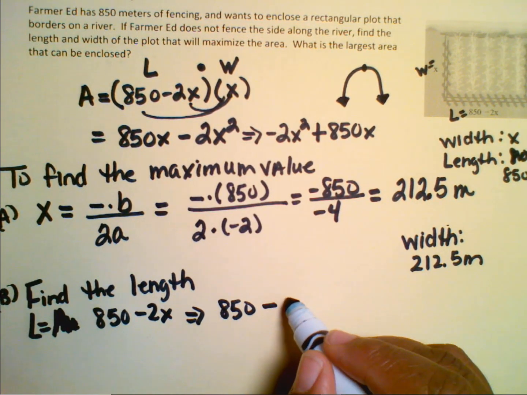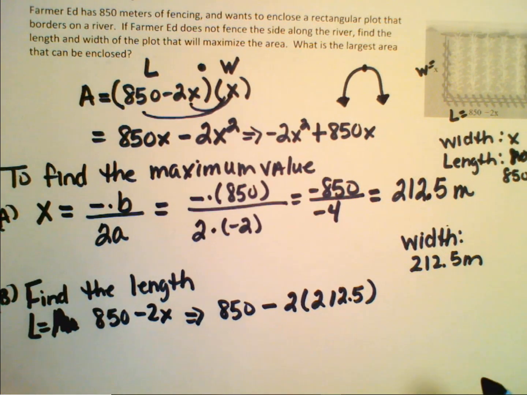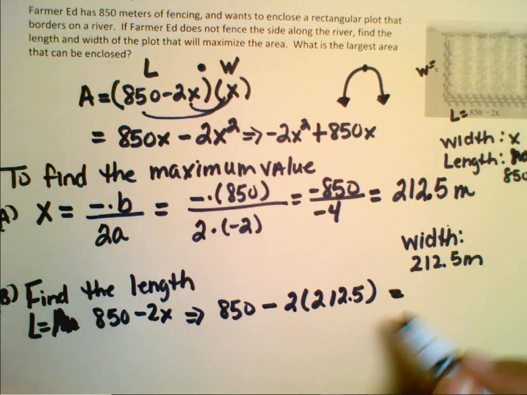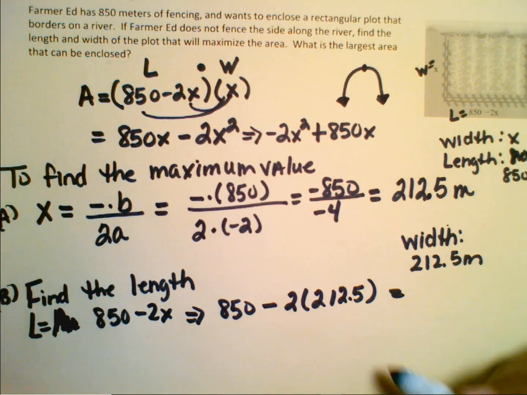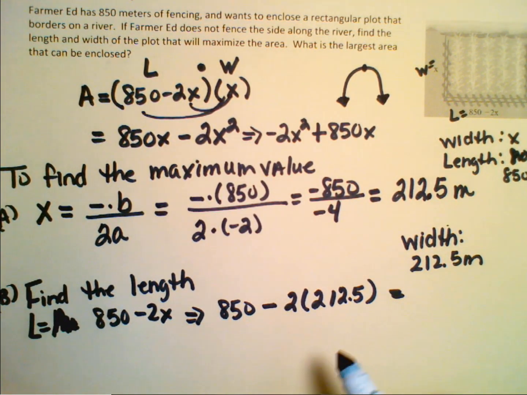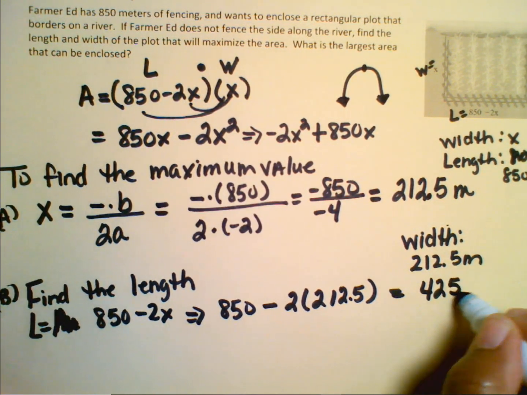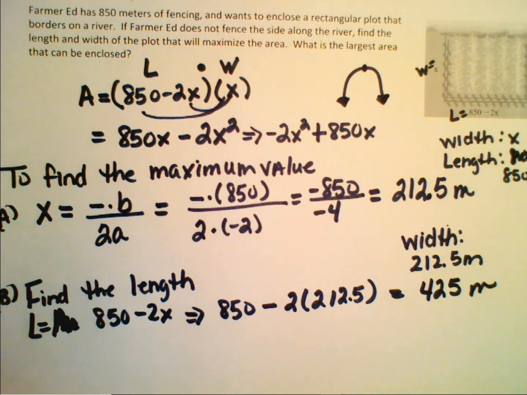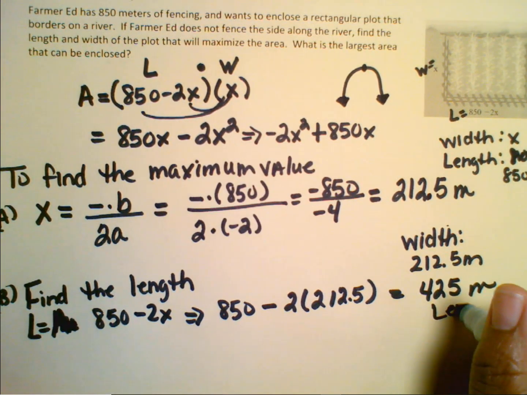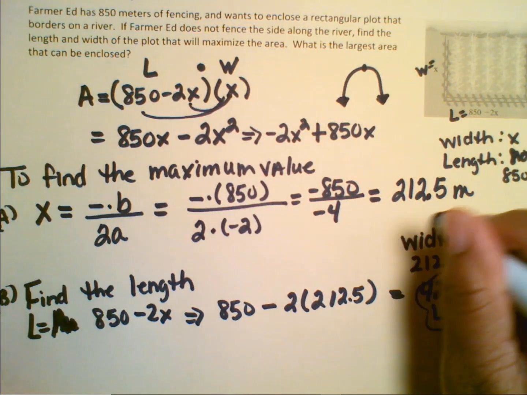So 850 minus 2 times 212.5. Multiply 2 times 212.5 and subtract it from 850, and we're going to have 425 meters as our length. So this is our length, and we have our width.